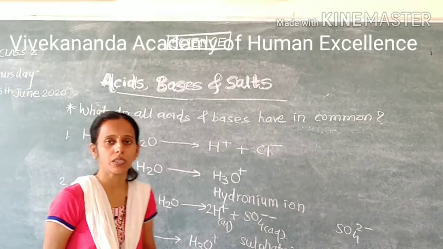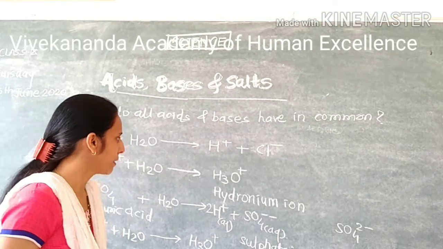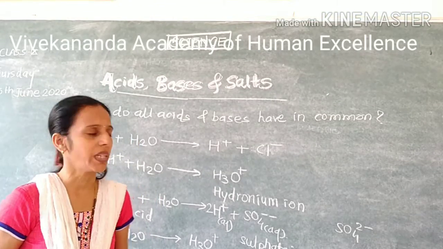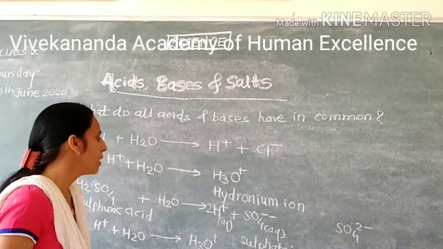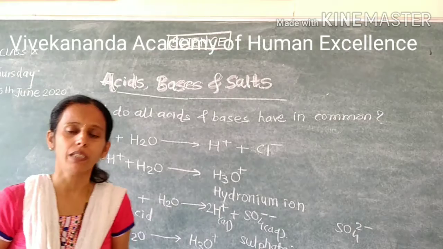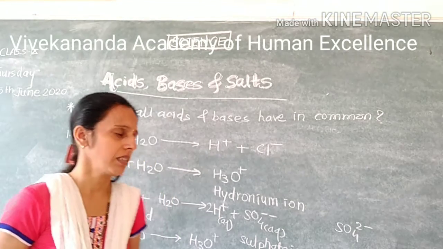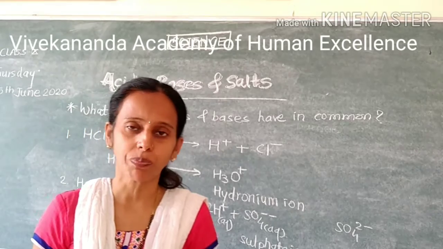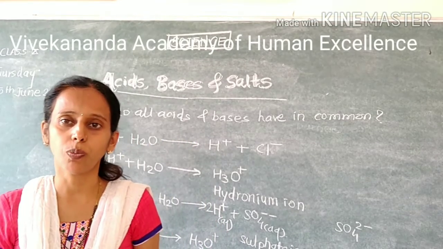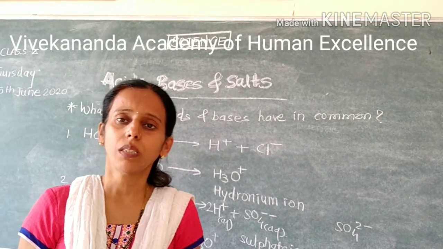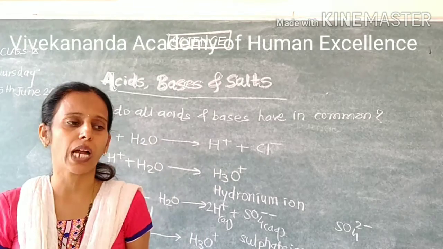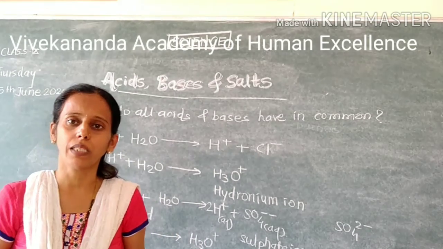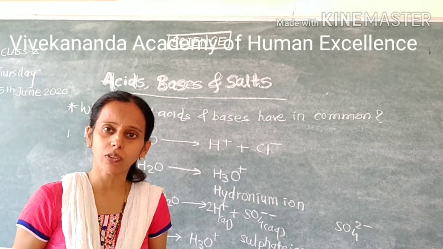Thus there is separation of ions in acids in water solution as well as bases when added into the water solution. One more thing we have to take care of when diluting the acids in the water, that is the formation of the water solution of the acids or bases. When acid is added dropwise into the water, if we touch the beaker from the outside, it becomes hot. Why? When adding acid dropwise, we have to stir the solution.